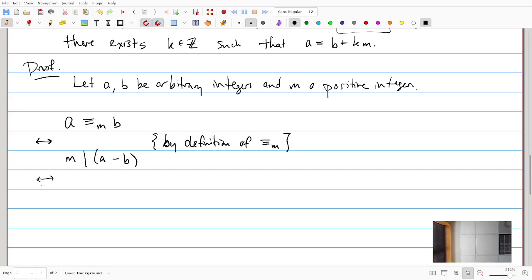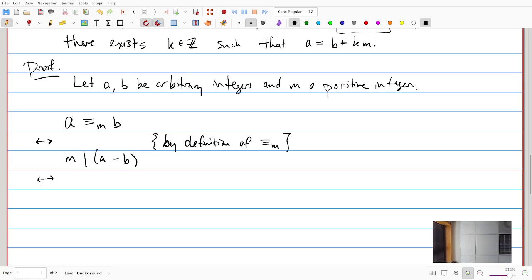Anyone remember? What's the definition of M divides A minus B? Good practice looking up definitions in notes. Can you find it?